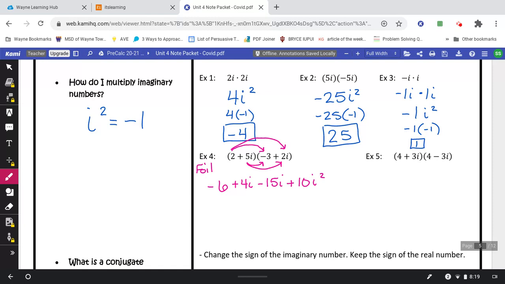The first thing I want to do before I keep moving forward is to deal with this i squared at the end. So I'm just going to take this little piece and replace this with a -1. Then I'm going to multiply it out, so that way I get -10. I'm just going to bring everything else down.